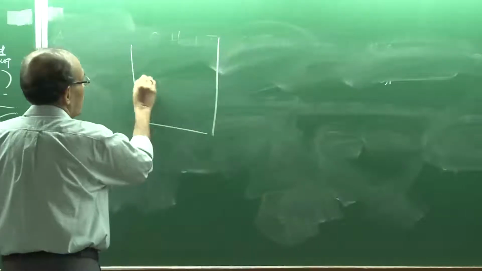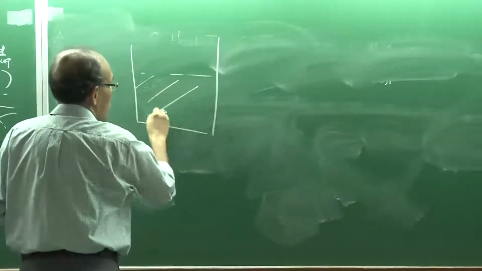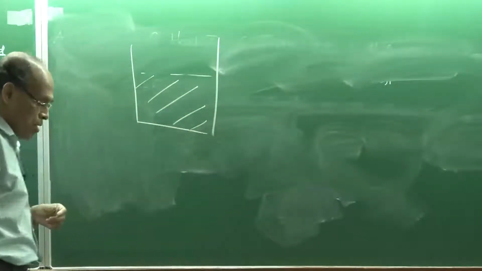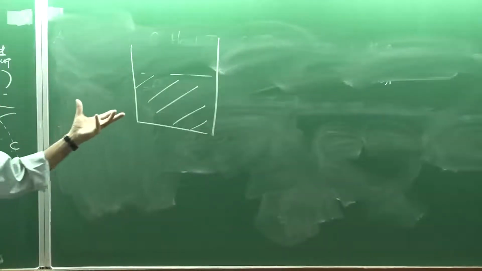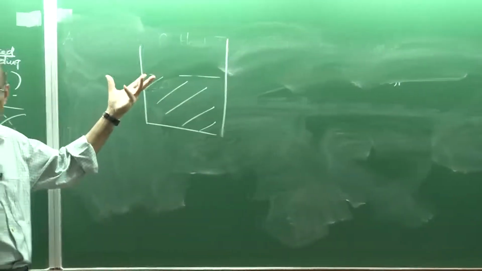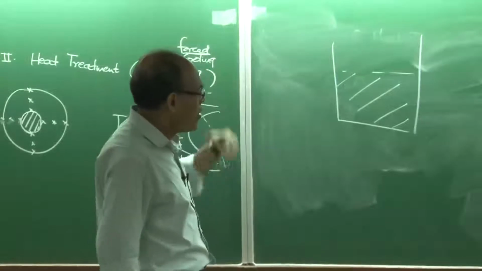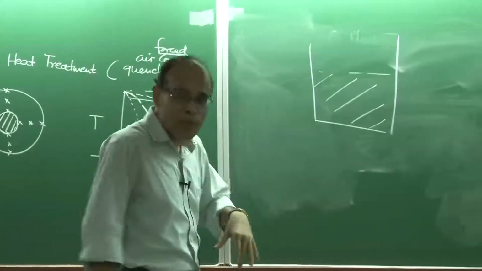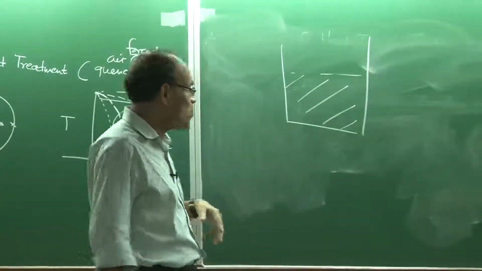If you take a liquid metal here, melting can be involved in polymers also. For example, polymers also undergo melting. Some are low melting point constituents, some are high melting point constituents.